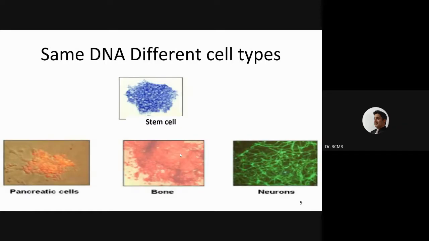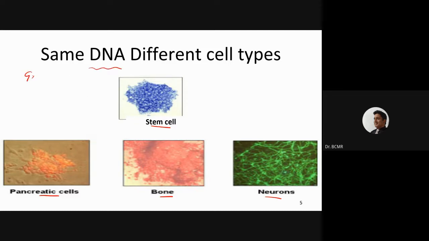So we know about stem cells. We know about pancreatic cells, bones, and neurons. At least we know that they have different functions, and we know that they look different. The important thing is they have the same DNA.